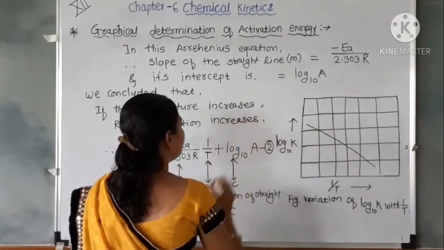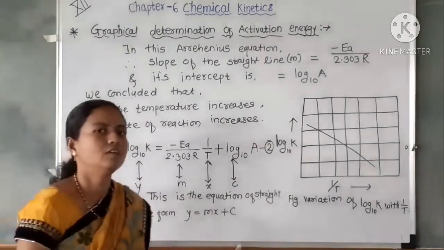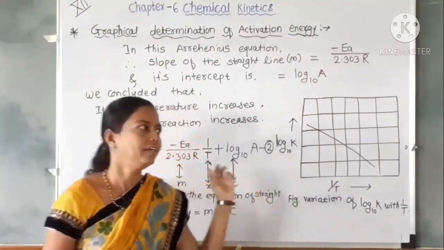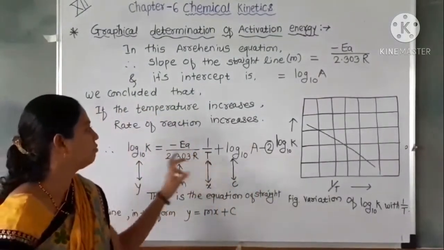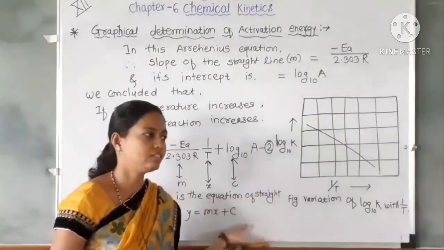From the graph we conclude that if we write down the Arrhenius equation, take the logarithm, and then take base 10, we have the equation in the form y is equal to mx plus c, which is a straight line.